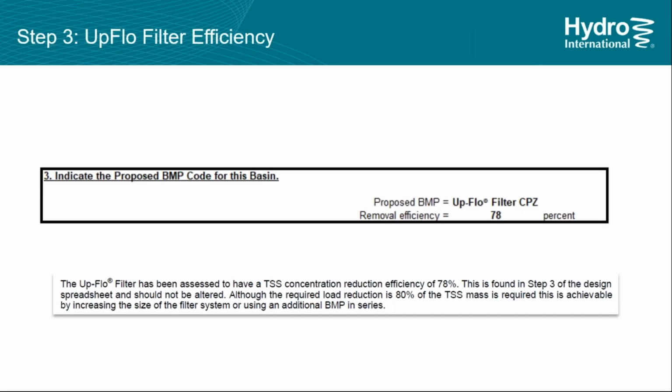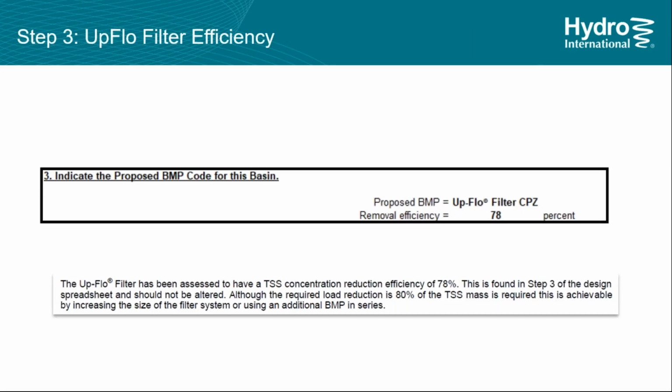You'll see this in step 3 of the design spreadsheet if you're following along, and that should not be altered. So this 78%, although we have to meet an 80% requirement, you do not change the 78% shown there. Although the required load reduction is 80% of the TSS mass, this is achievable by increasing the size of the filter system.